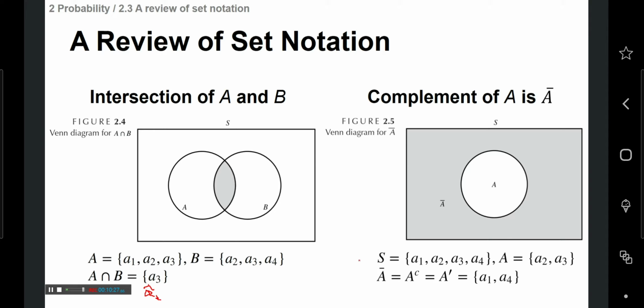Let's start with the distributive laws first, and I will prove this one by graph.